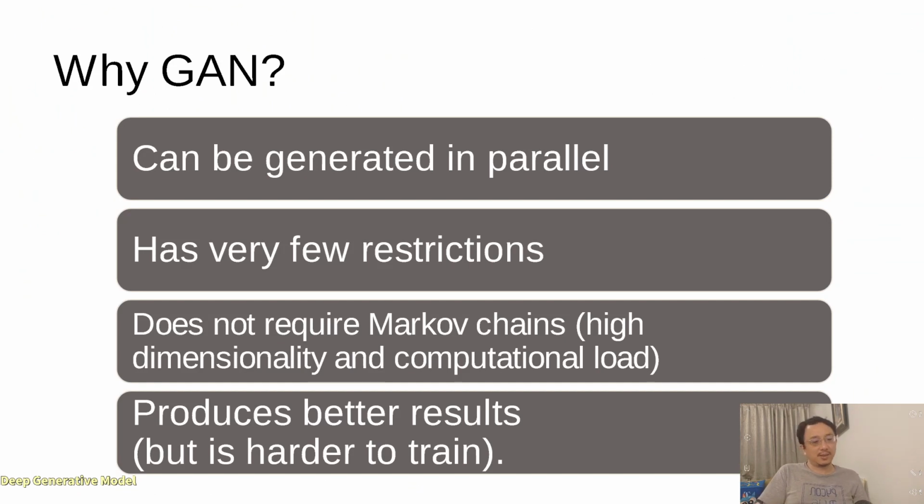So what are the good parts and the bad parts of GAN? The pro of GAN is that it can generate in parallel. This is compared to PixelCNN and PixelRNN, and it has very few restrictions. It has two folds.